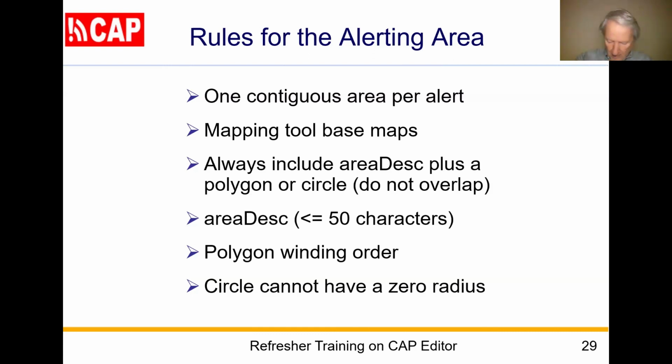So the CAP Editor automatically fixes that. One other thing, be aware, the circle radius cannot be 0. And of course, that would be a point, not a circle.